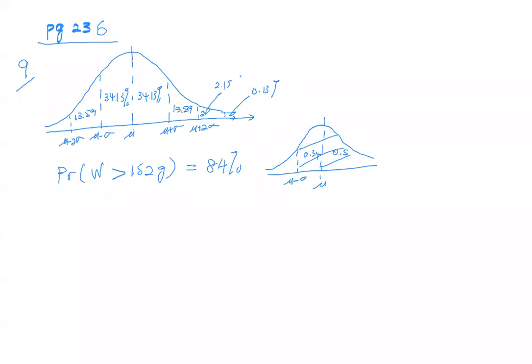So you see, this area is 0.84. Am I right? So from here, I can say that mean minus 1 standard deviation is equal to 152. Agree with me?